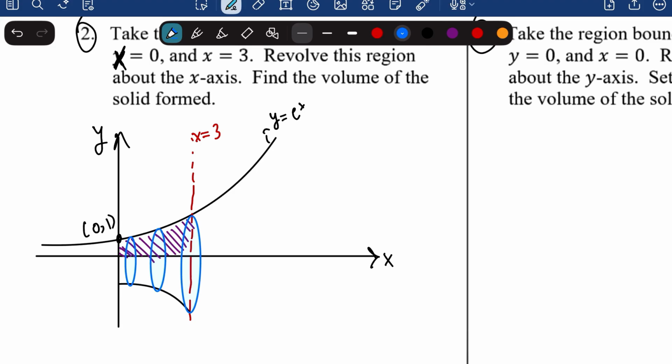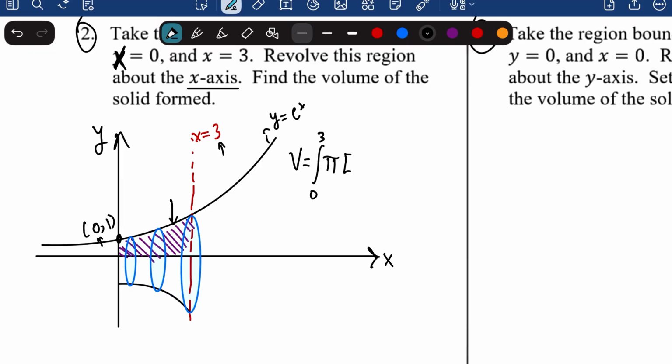So let's set up our integration for the volume. Since it's rotating around the x-axis, we need the bounds on the x values. We started at x is equal to 0, and we ended at x is equal to 3. So it's 0 to 3 of pi times the radius. What's the radius? Projection down.